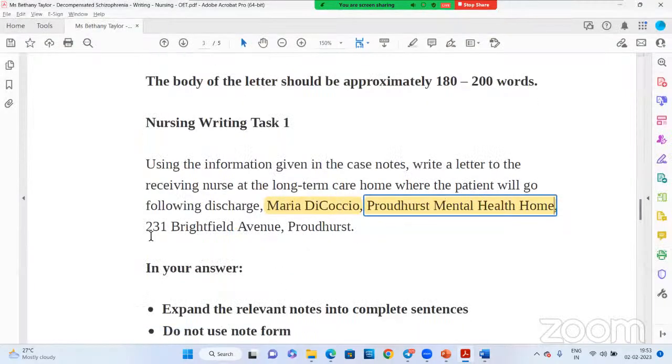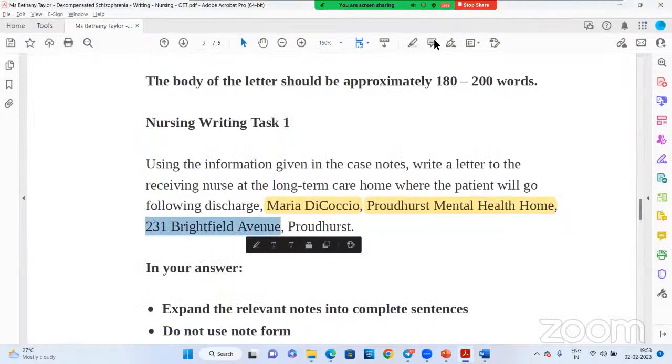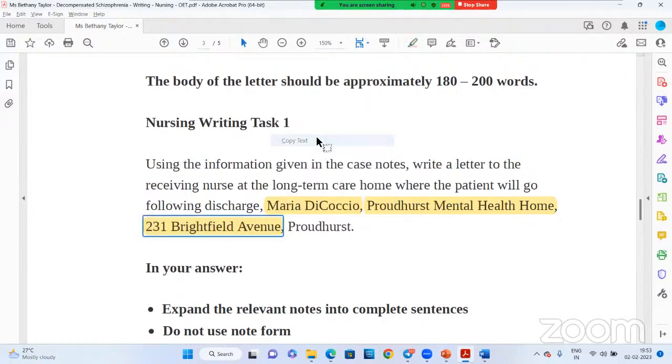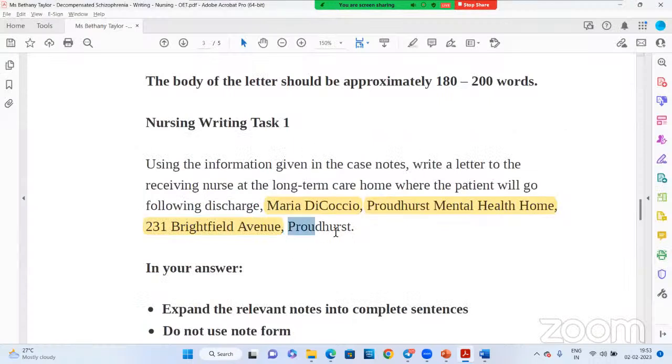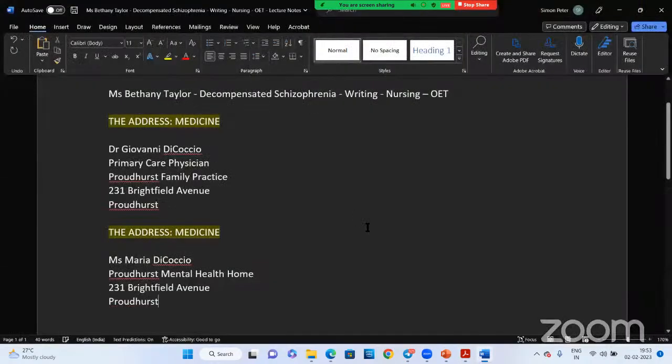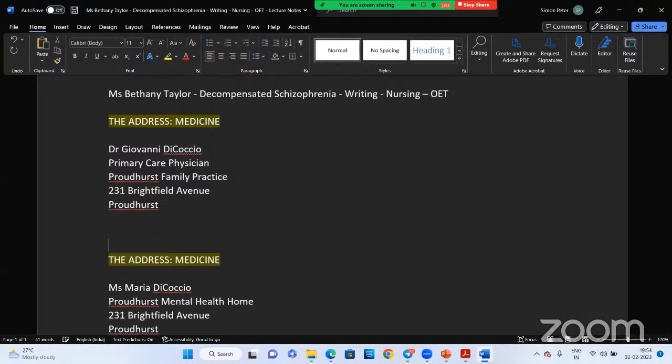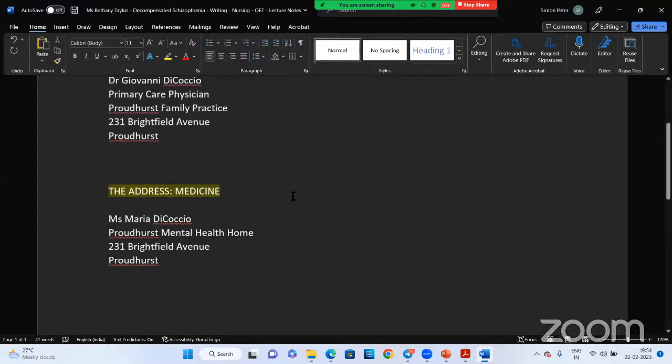Next is 231 Brightfield Avenue. Yes, the first letters are all capitals. Then Proudest. So this is nursing. This is how we are going to write the addresses.